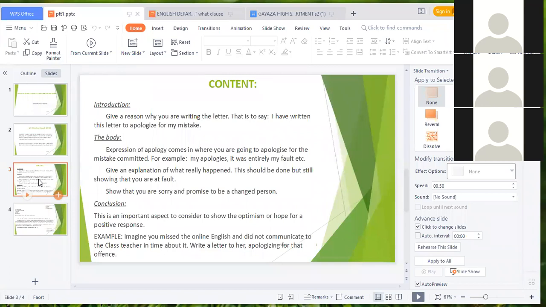So for formal letters, when you've already written your sender's address, the receiver's address, the salutation, the reference, then what you write first is the introduction. The introduction, we have said, gives a reason why you are writing the letter. That is to say, I have written this letter to apologize for my mistake, something of that kind. Then after that, we shall have the body.